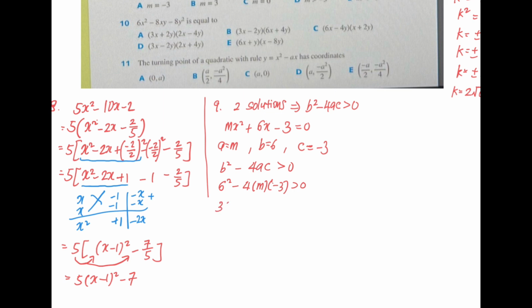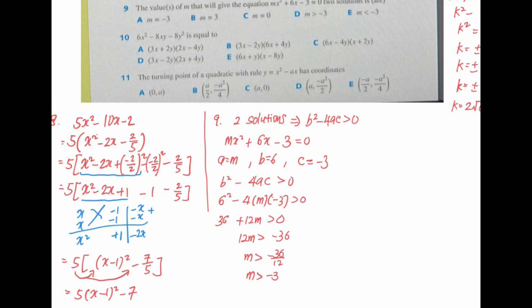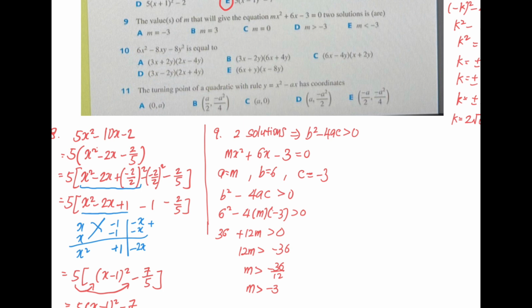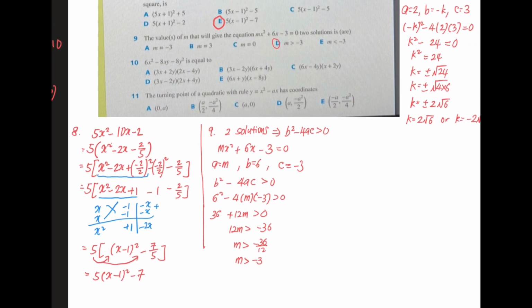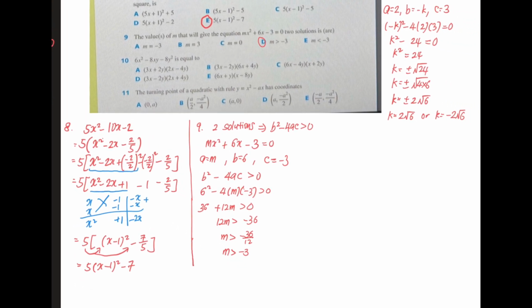So 6 squared minus 4mc more than 0, 36 plus 12m more than 0, 12m more than negative 36, m more than negative 36 over 12, more than minus 3. So we get m greater than minus 3, so D is the answer.